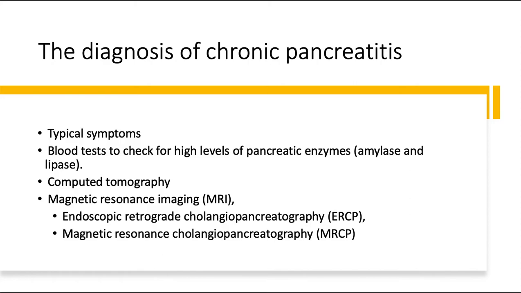An endoscopic retrograde cholangiopancreatography, in which to look for blockages or damage to the ducts. A magnetic resonance cholangiopancreatography, which evaluates the ducts without requiring an endoscope or contrast material.